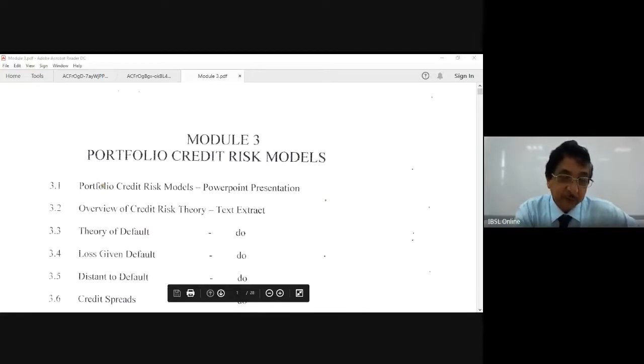Out of those parameters, the most important parameter is the probability of default. And later on, we discussed the loss given default and the exposure at default. And in the case of longer term expected credit loss, we need to get the maturity period also, when normally the tenor is more than 1 year.